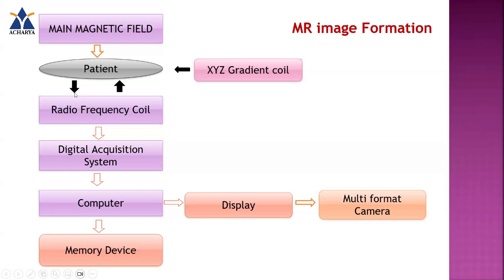That radio frequency wave interacts with the patient, and it is received by the radio frequency coil. The received radio frequency waves are then converted into a readable image by the computer and data acquisition system, and we are getting an image of the MRI.